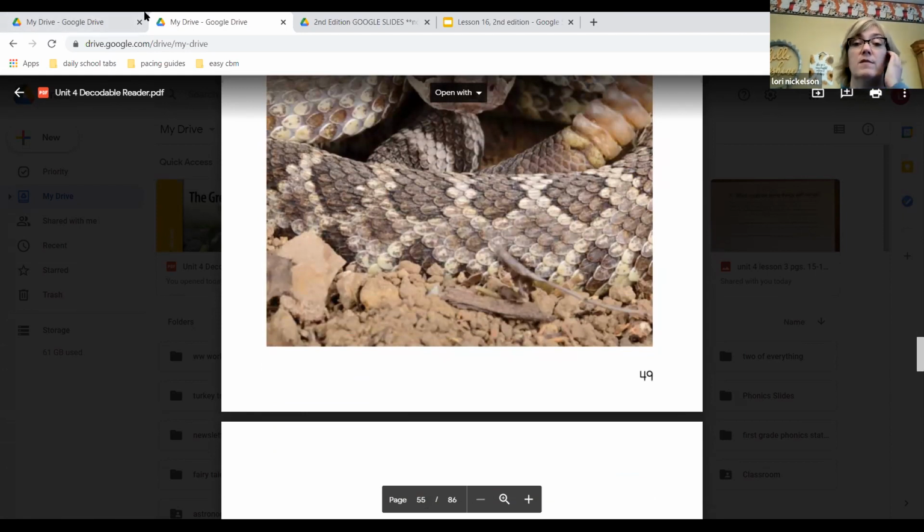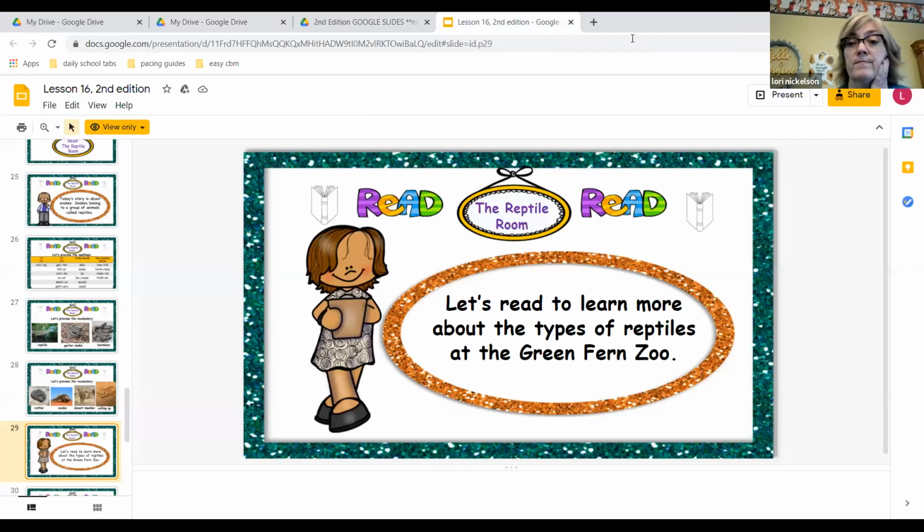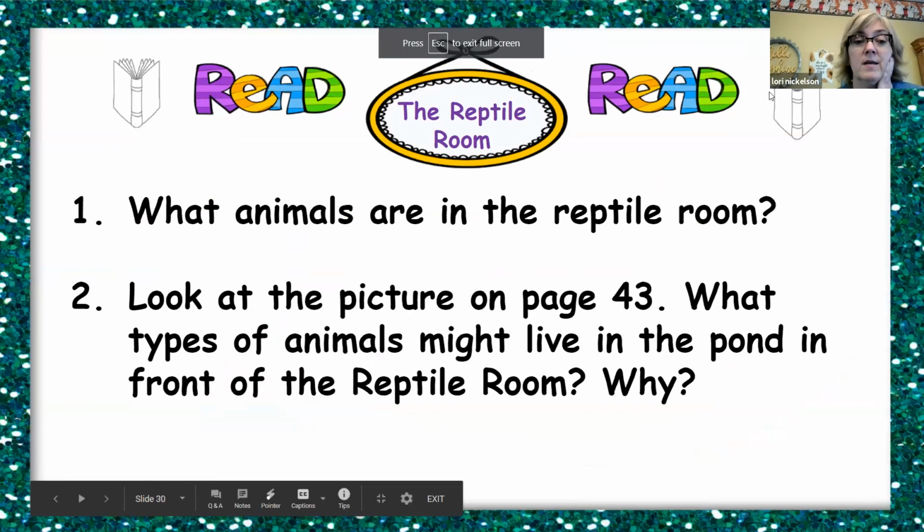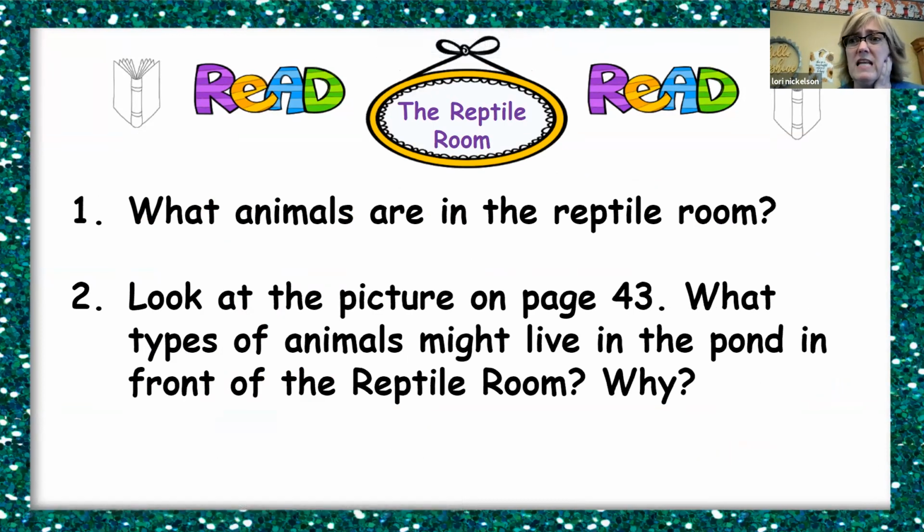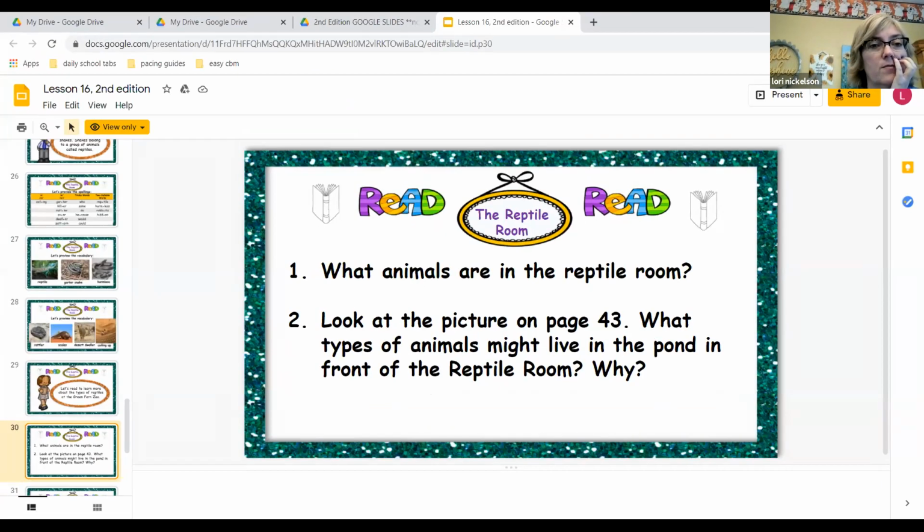Okay, so let's go back to our video. What animals are in the reptile room? Looked like a bunch of snakes, didn't it? Look at the picture on page 43. What types of animals might live in that pond in front of the reptile room?